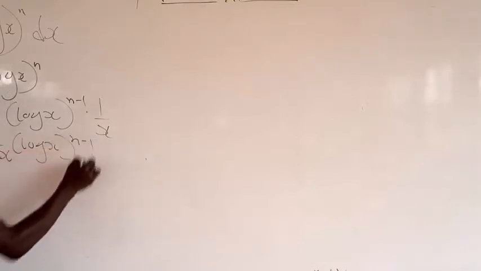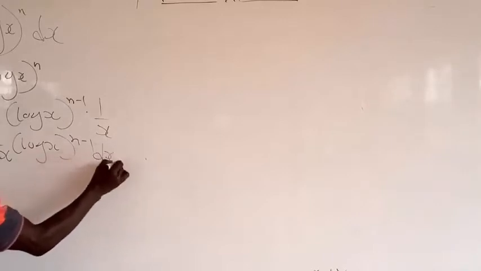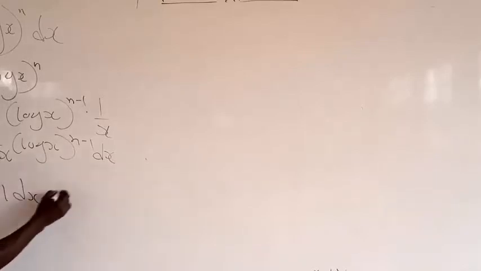So here you get n over x (log x) to the power n minus 1 dx. That is du. So we go for v. v is the integral of 1 dx, and that's going to give us x.